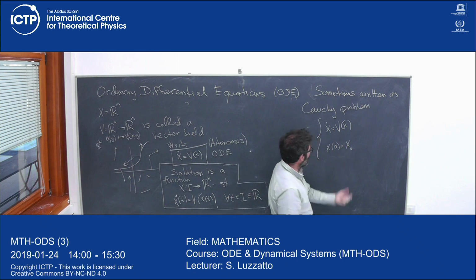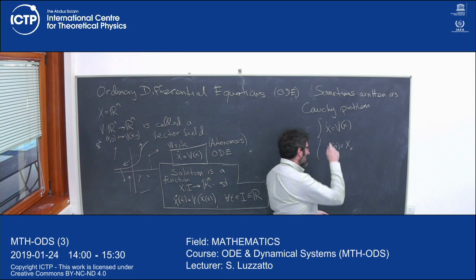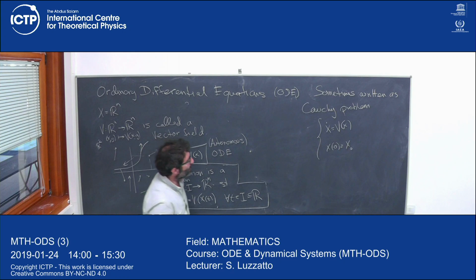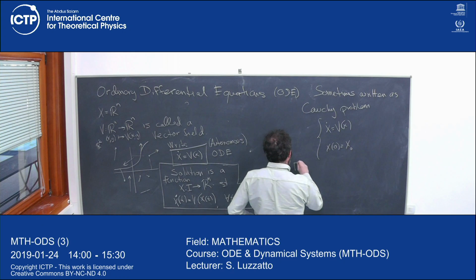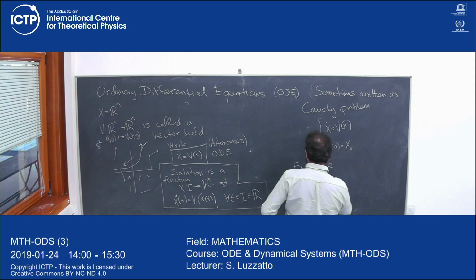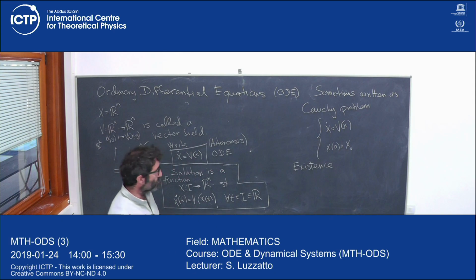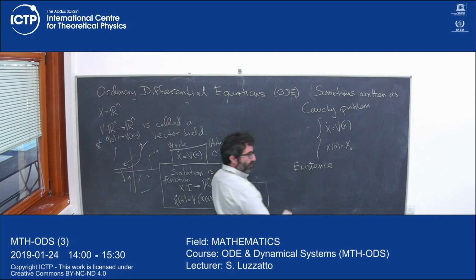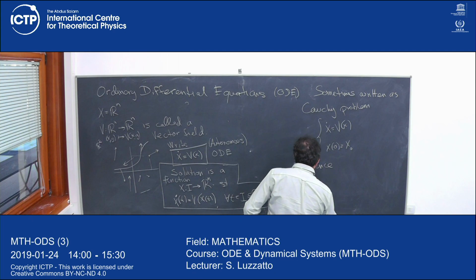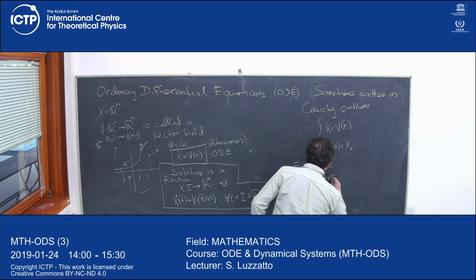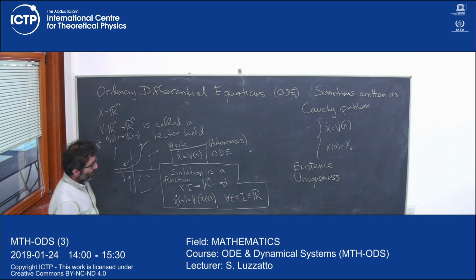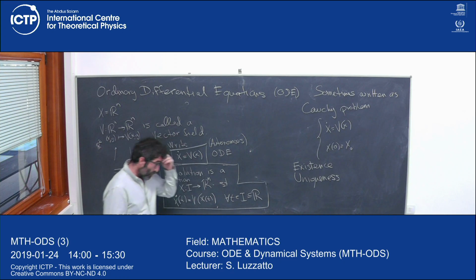It's just a way of saying that I actually want to know if there exists one at this point. And the main questions are existence: does there exist a solution going through that point? Uniqueness: could there be more than one solution? And how big, how long is the solution?